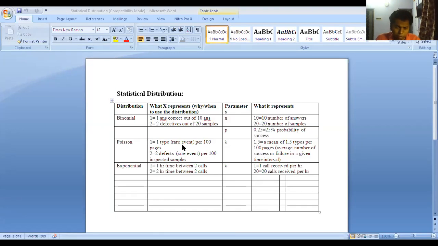But when you are considering Poisson in case of defects, you can only consider the number of defects, but you don't know how many non-defects there are. That is not possible. Suppose on a mobile screen you are considering how many scratches there are, but you cannot estimate how many scratches are not there.